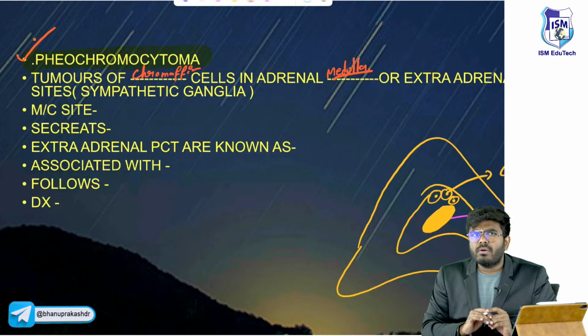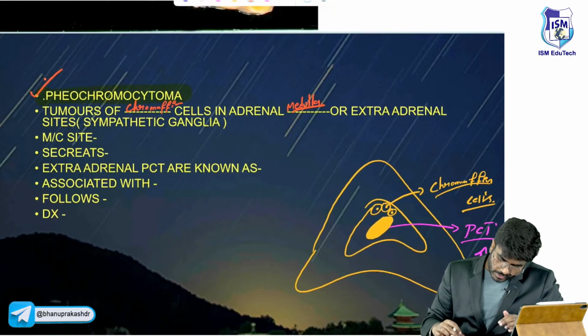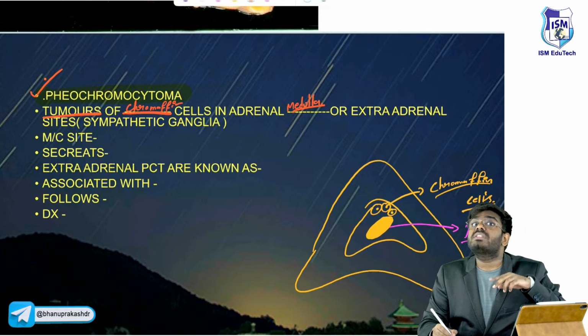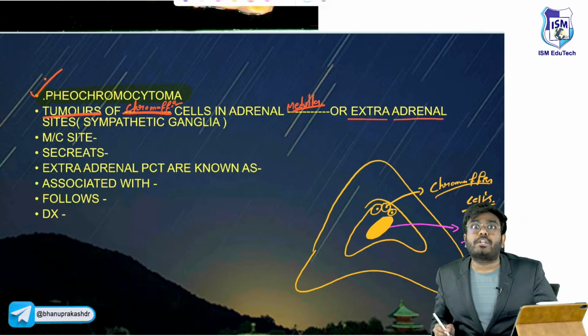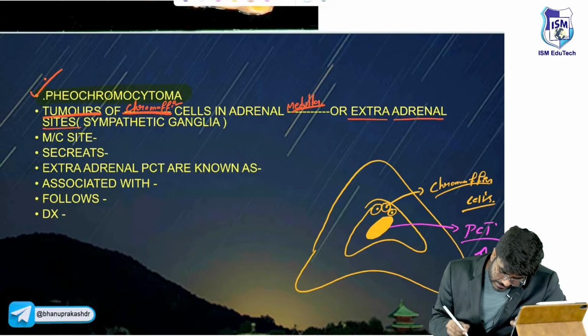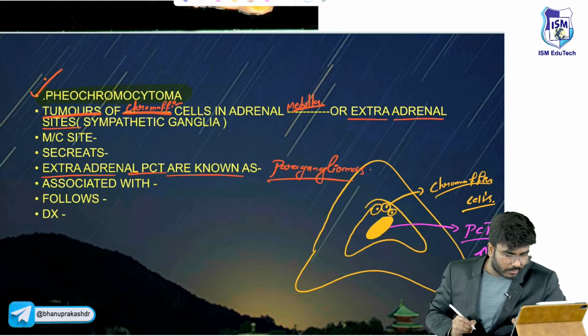So if you have a tumor of chromaffin cells outside the adrenal gland, that is an extra-adrenal pheochromocytoma. Extra-adrenal pheochromocytomas are called paragangliomas. This is an MCQ.